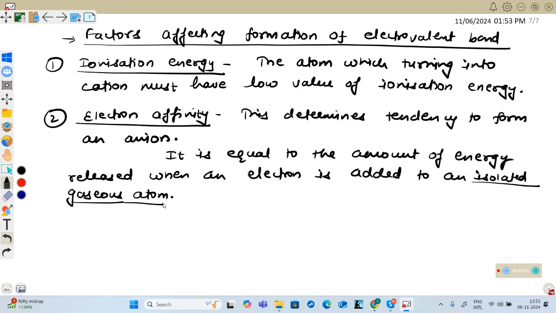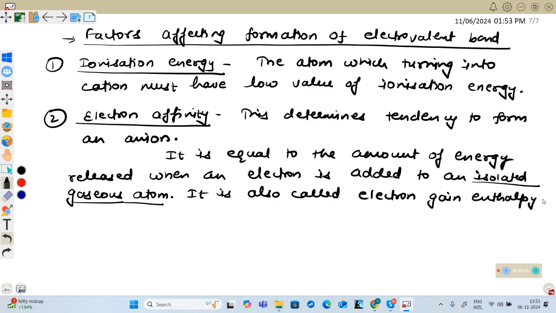Gaseous atom. It is also called electron gain enthalpy. It is represented by delta EGH. Its value is negative because energy is released.